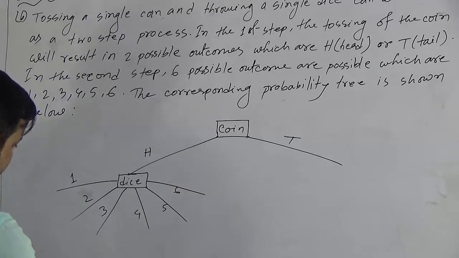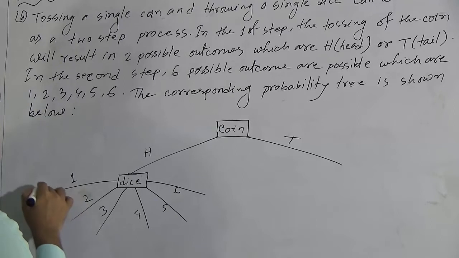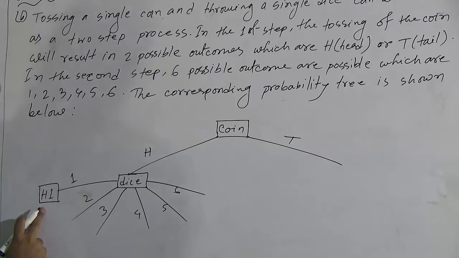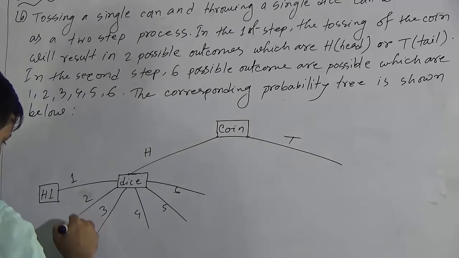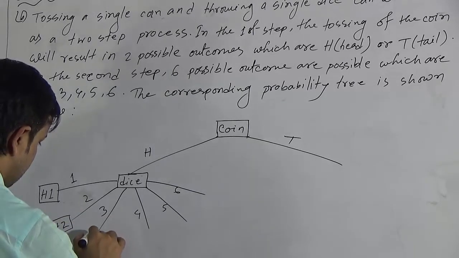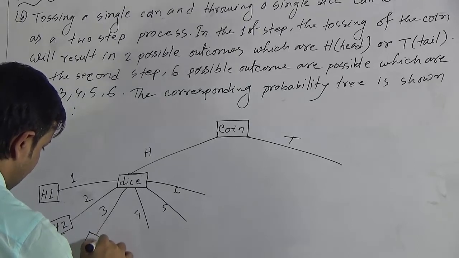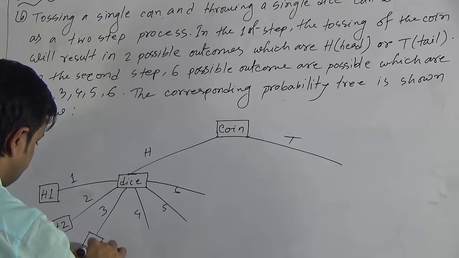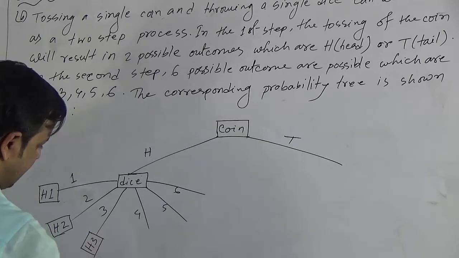So we can write here, head 1. Sample points are head in coin and 1 in dice. Another sample point, head in coin and 2 in dice. Another sample point, head in coin and 3 in dice.